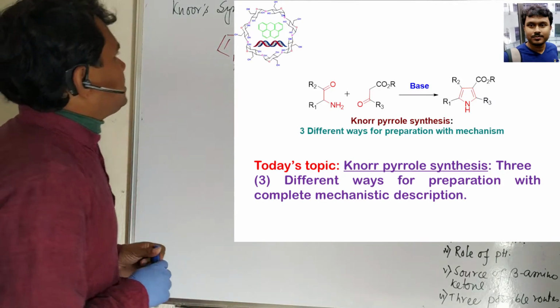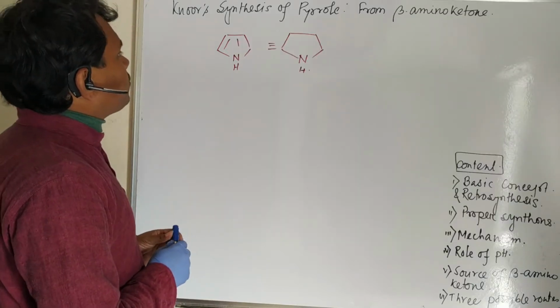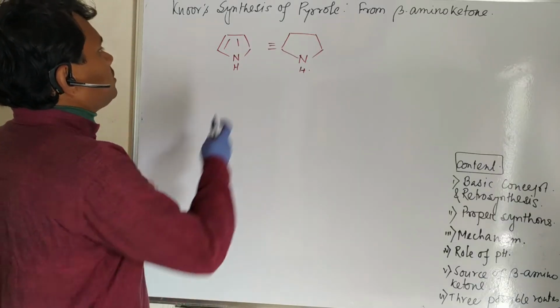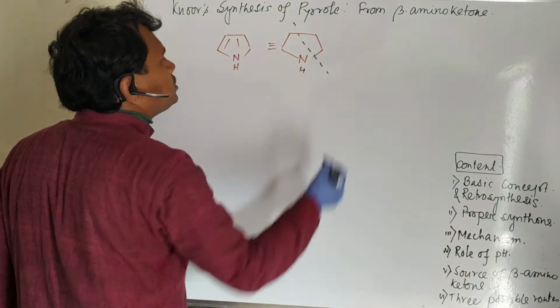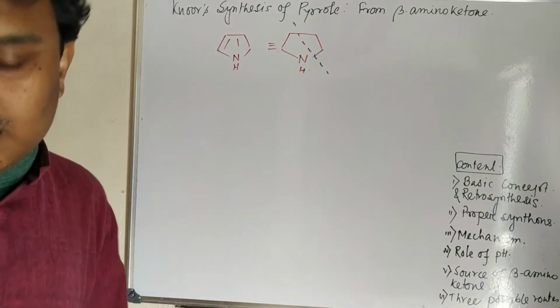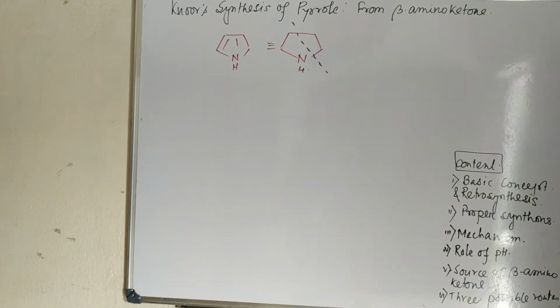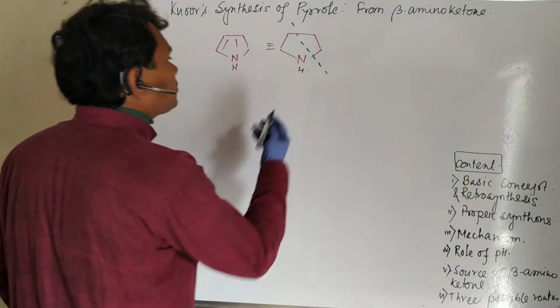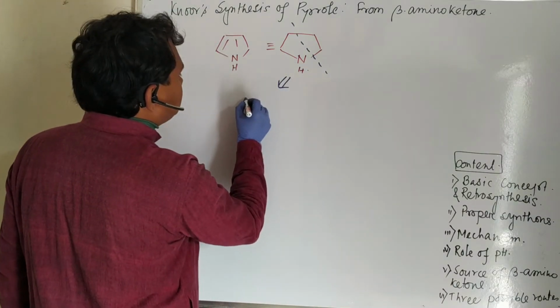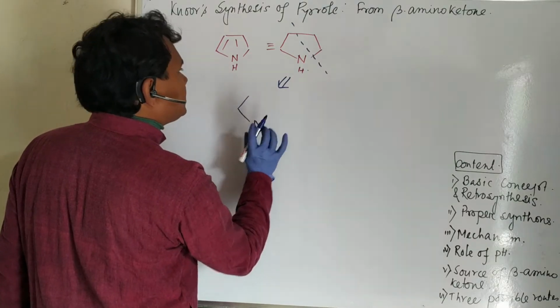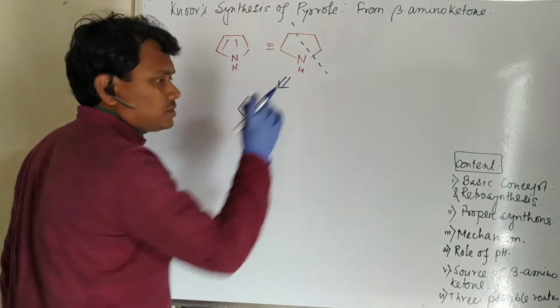So as you can see, Knorr synthesis of pyrrole involves a disconnection approach. If I do, then you can think that in this way this could be disconnected. So what will be the synthon? Let's forget about the hydrogen.